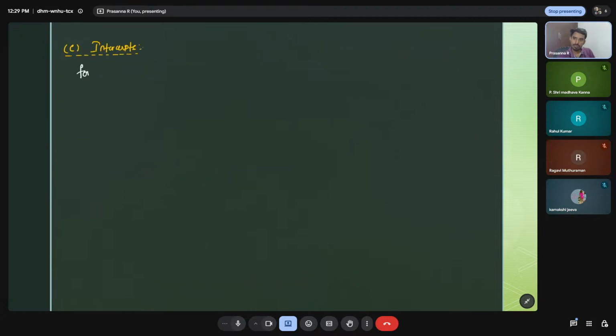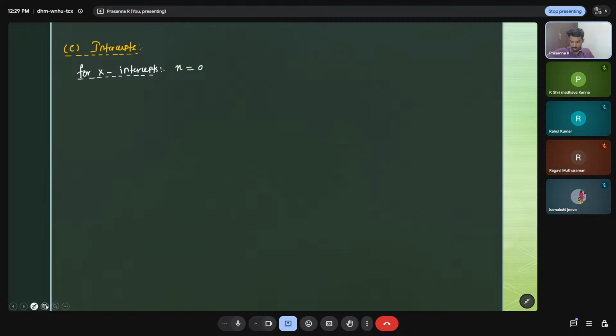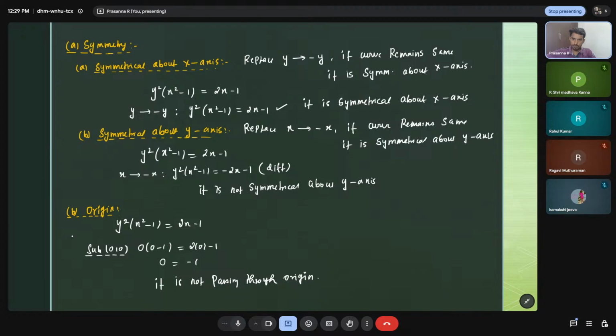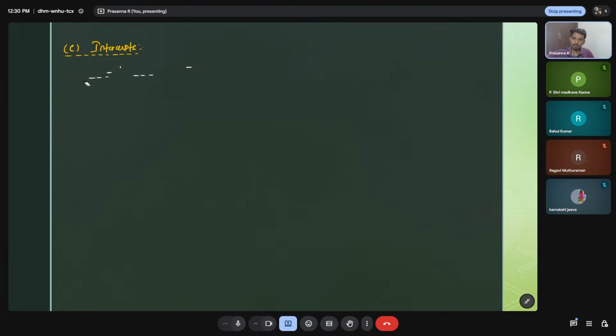So for y-intercept, you put x is equal to 0 and solve for y.